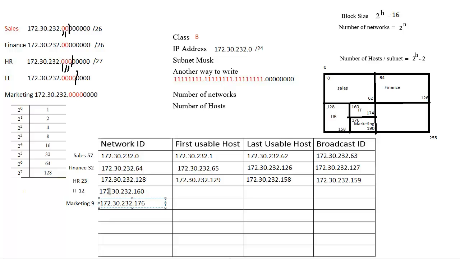Now, our broadcast ID for this network is just before the next network. So our broadcast for this network will be 175. And the first usable host for this network is just after the network ID, so 161.